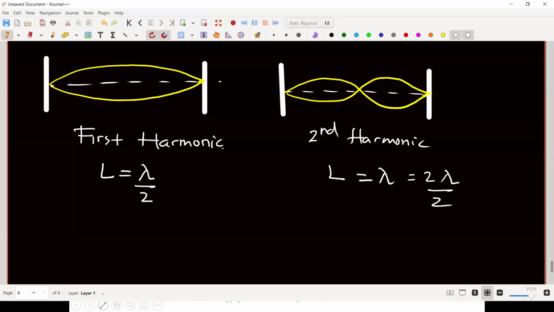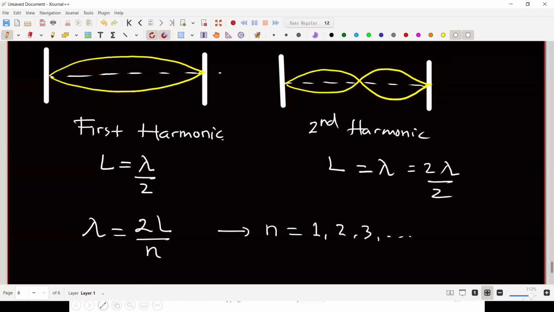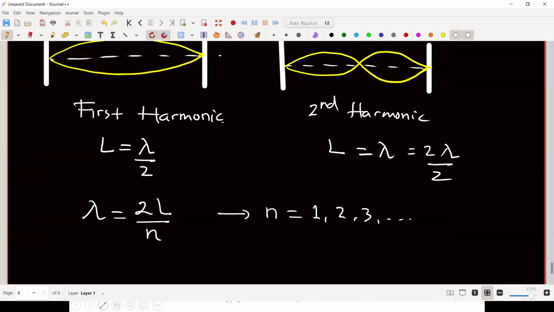So for the first, second, third, or another harmonic, you can use the general equation lambda equal to 2L divided by n, where n starts from 1, 2, 3, and so on. And then the frequency is v divided by lambda, so v divided by 2L times n. This one is the frequency.